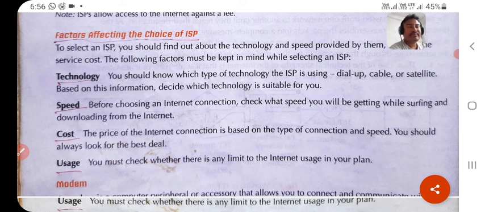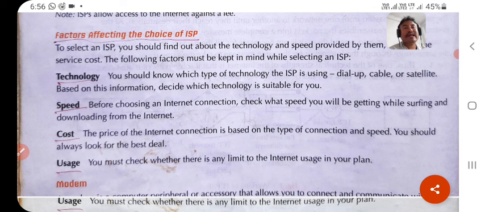For example, in our locality we are using Airtel and Jio service. They are the internet service providers here. Even BSNL is also there, but we are using Airtel and Jio. We will learn what factors affect the choice of ISP in this topic.